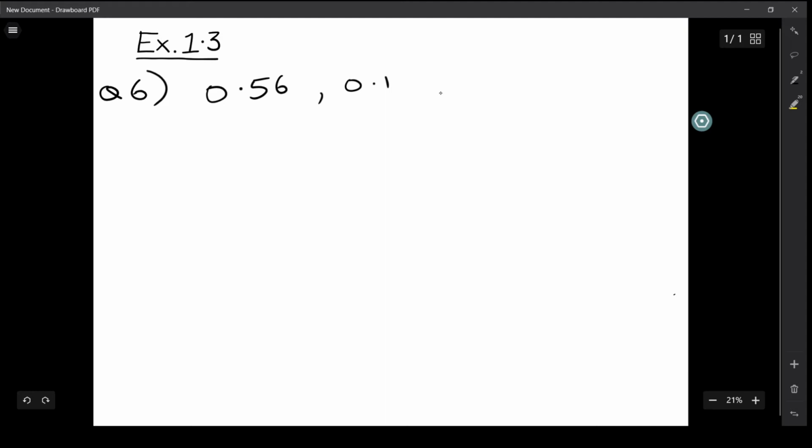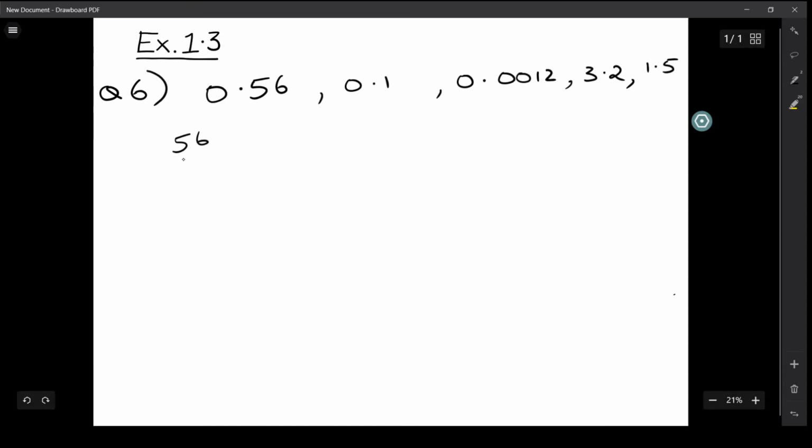Let's take the example 0.1. Let's take the example 0.0012. Let's take the example 3.2. And let's take the example 1.5. Right. Now let's convert all of these in the form p by q.